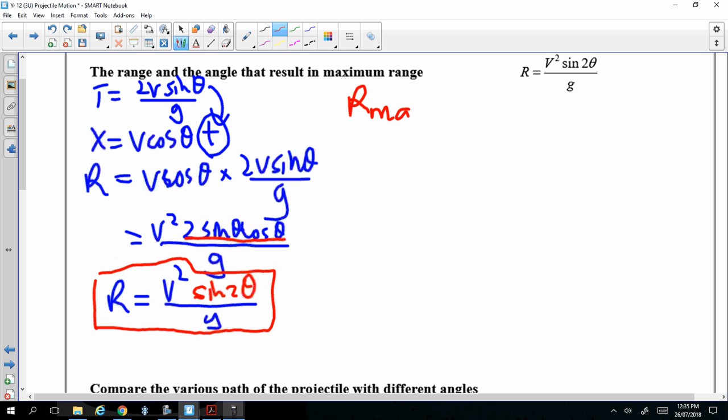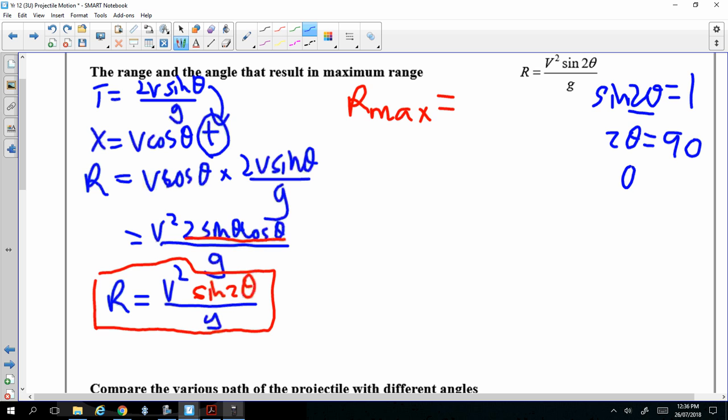Therefore, theta must be 45 degrees. So let's substitute 45 in there: v squared sine 2 times 45 over g, and sine 90 is 1. So the maximum value of the range is v squared over g.